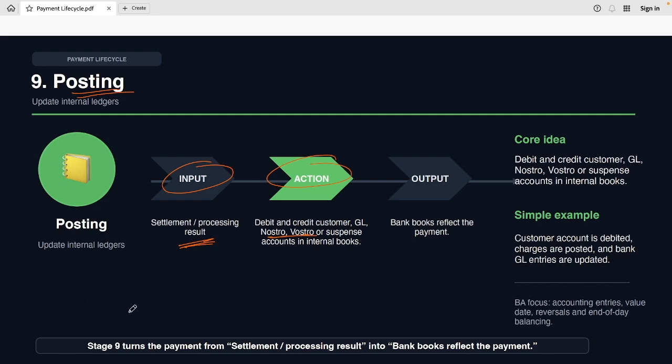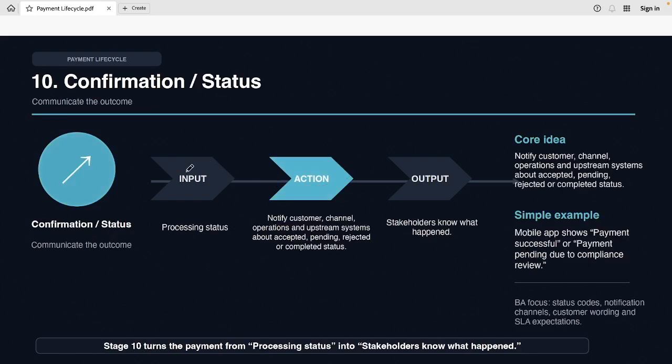And in stage 9, it ensures that the bank's internal books accurately reflect the payment. The 10th stage is confirmation or sending status, communicating the status of the payment. The customers and internal users need to know what is happening to the payment. The input is the latest processing status. And what action is performed?